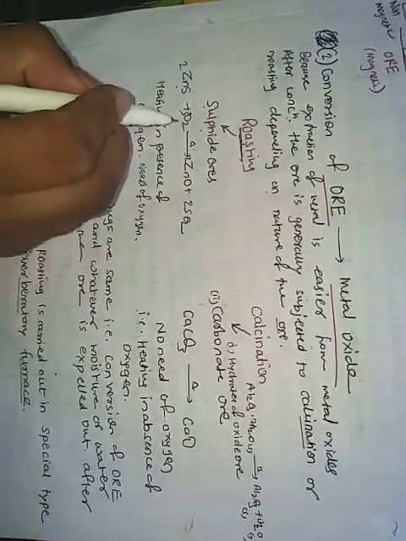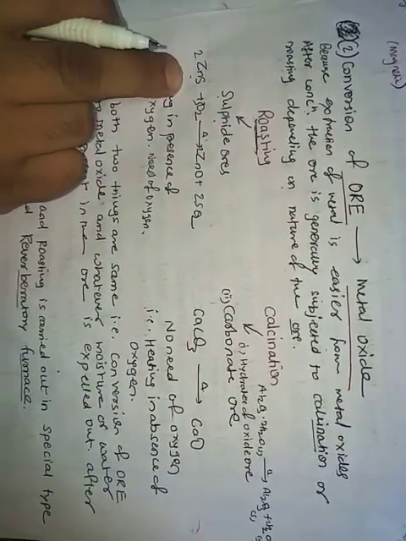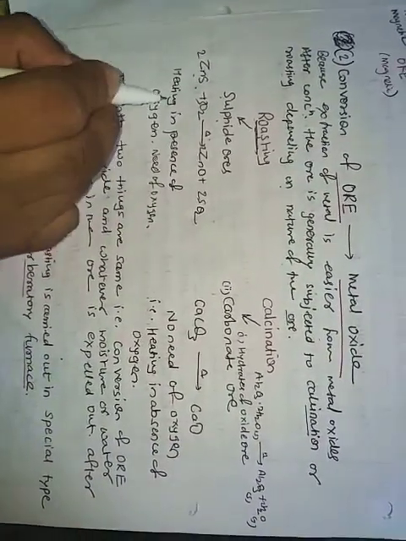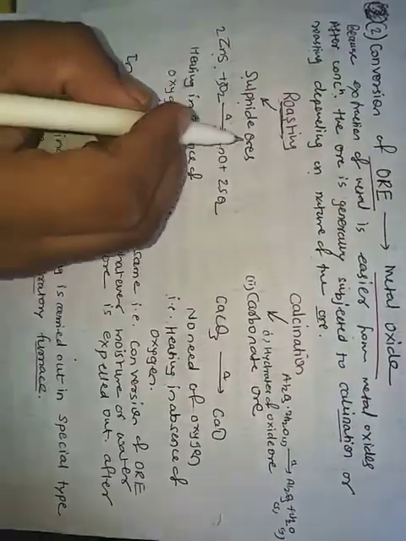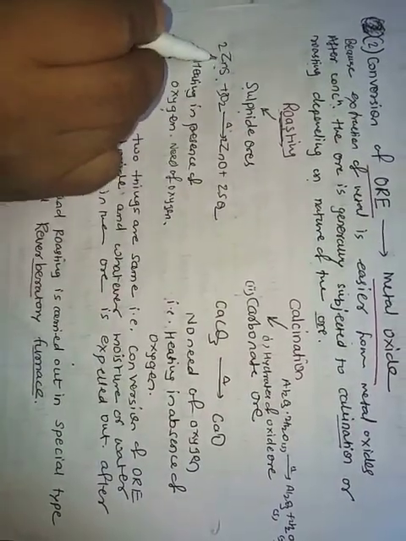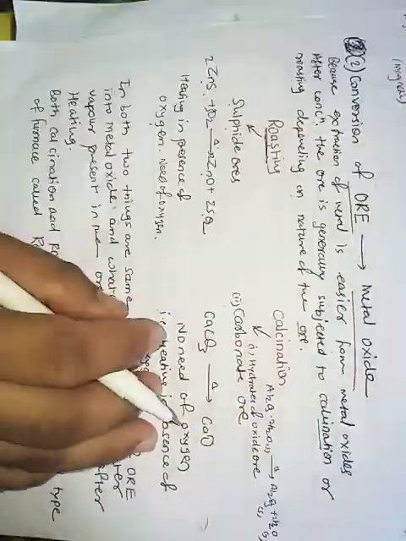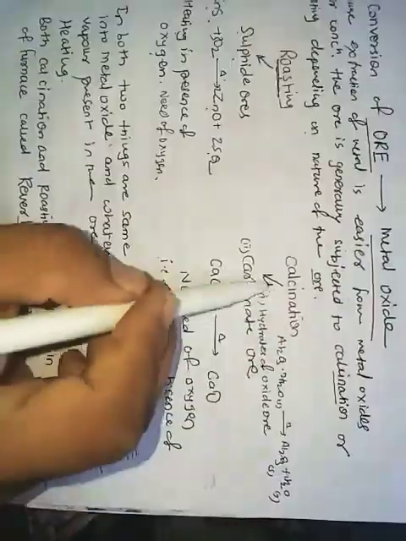We have to heat the ore ZnS in the presence of oxygen. Here we need oxygen. Then we call this the roasting process. After that you will get ZnO plus SO2. We have to balance that reaction.